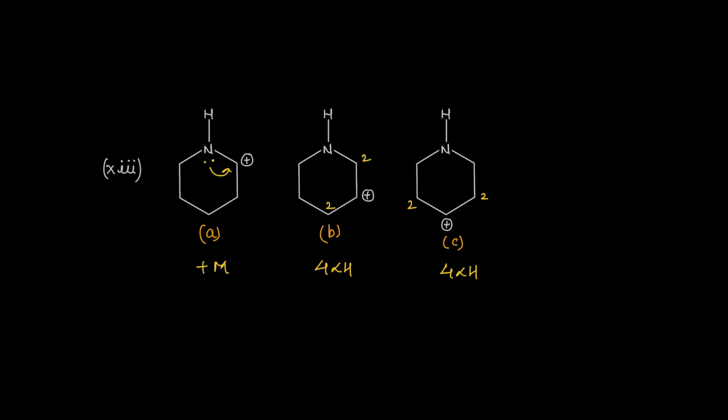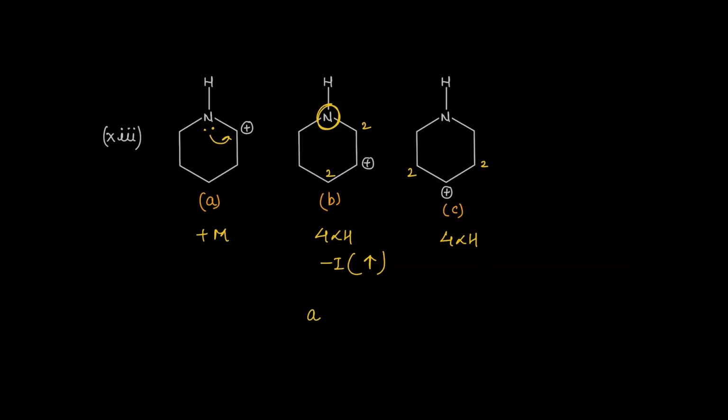In B, the nitrogen atom, being the more electronegative atom in the entire ring, can withdraw the electrons more as compared to C. So here the -I effect would be very high as compared to C. This is because the distance between the carbocation and the nitrogen atom is very small in B as compared to C. In C, we have the carbocation very far from the electronegative atom, which makes it more stable than B. So we can say that A is the most stable because of resonance. Then we have C, then we have B.